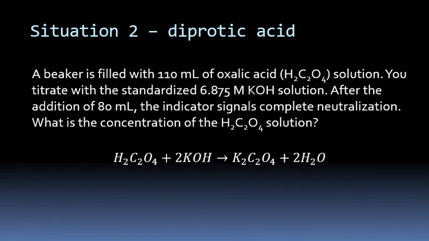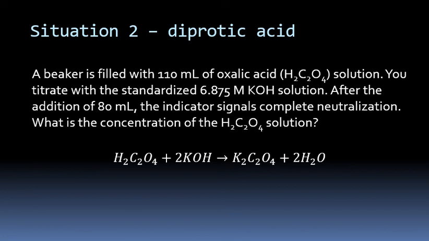Now let's take a very similar situation where we're working with the same numbers in the word problem, but we're dealing with a diprotic acid. That means that for every 1 mole of acid we're neutralizing, it's going to need 2 moles of base, or 2 moles of KOH in this situation. So the word problem is still the same.